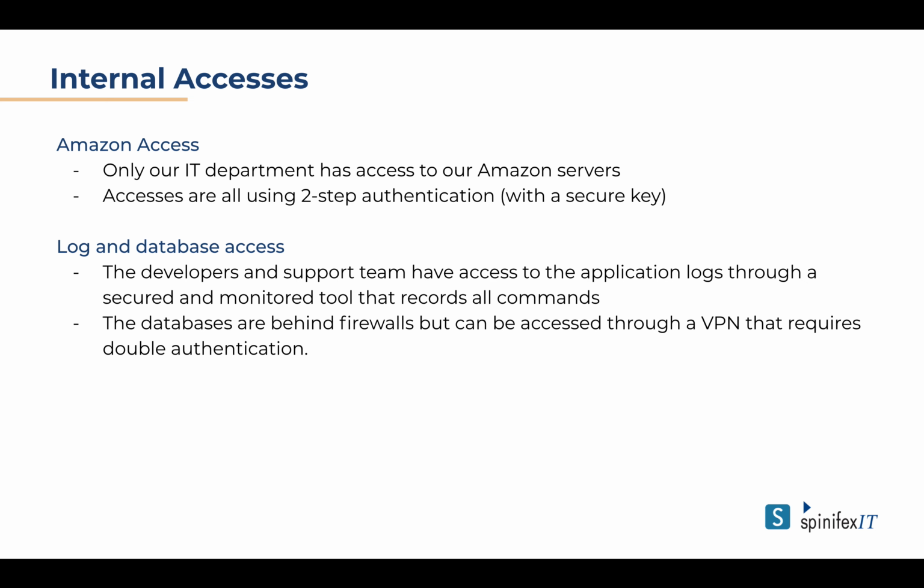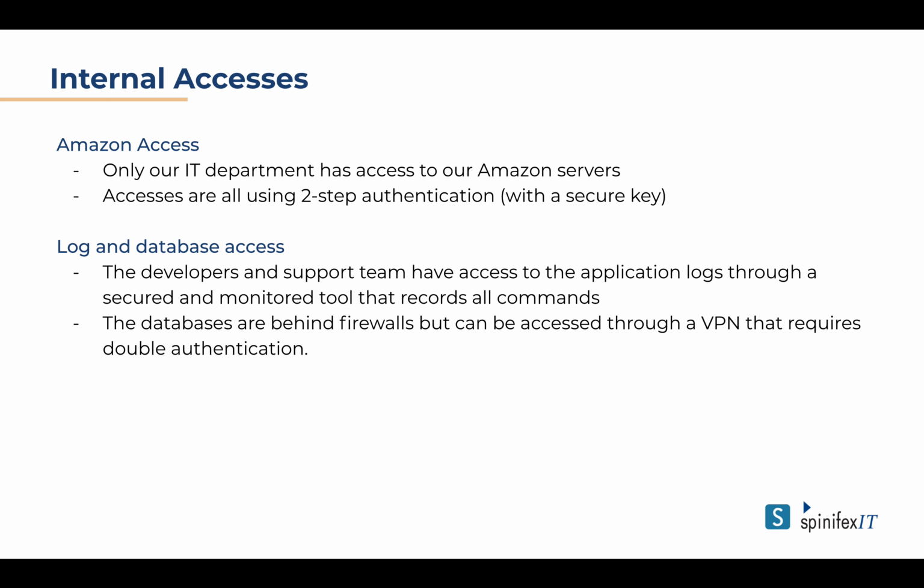In terms of internal access, accessing our Amazon servers is done only through our IT department. And to be able to access all those servers, we always use two-step authentication. So we need to have a secure key to access our server. I would not say impossible, but it would be very, very hard for someone to hack our server internally.